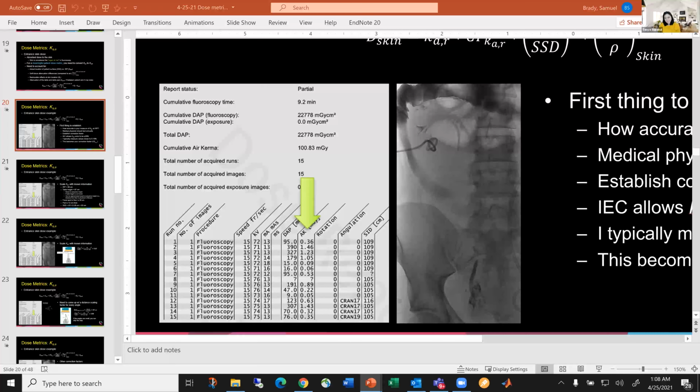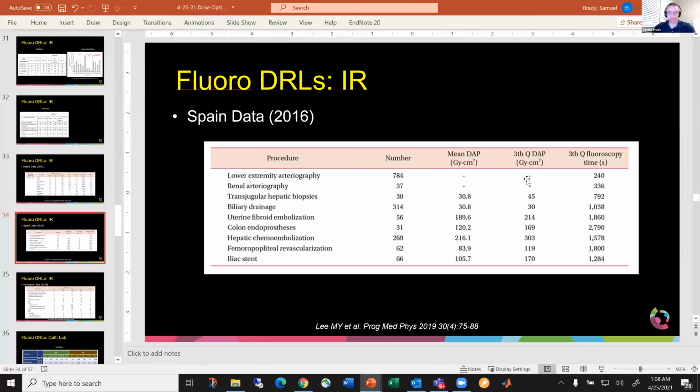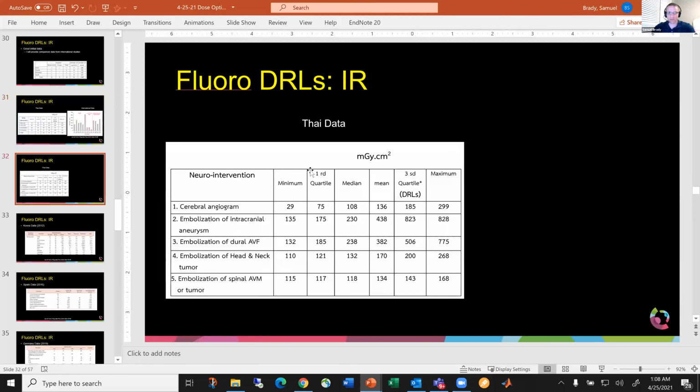So for diagnostic reference levels, I would recommend, as you have already done in Thailand, you guys have already started to collect.